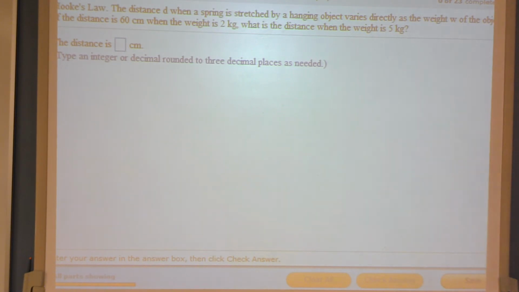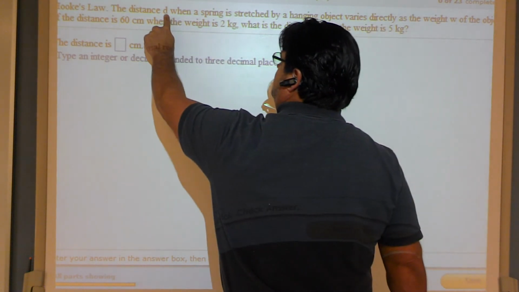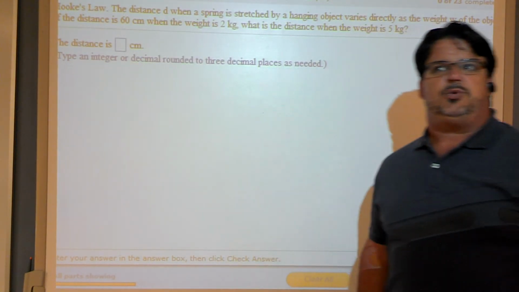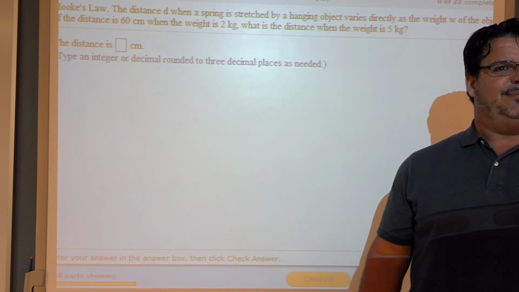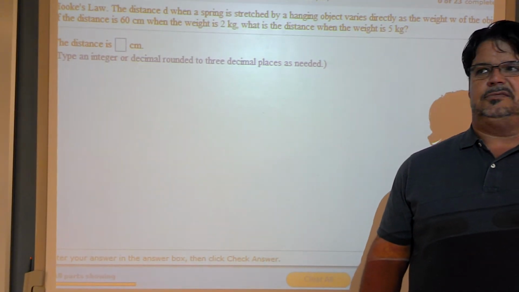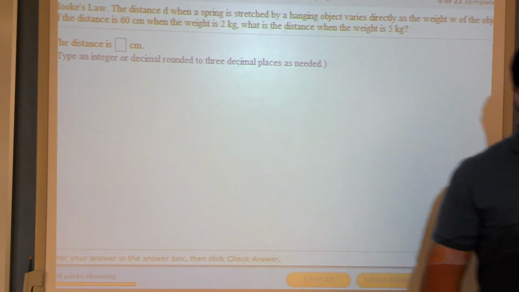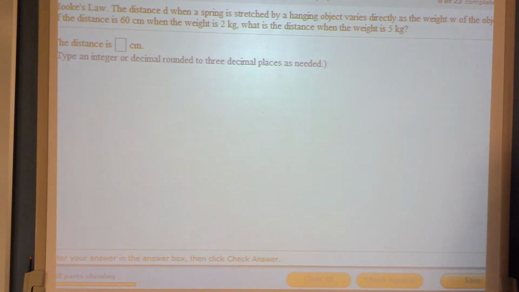So D comes first, so D is going to replace what? Good job. W is going to be in place of what? X. Why not K? You can't change it, because K never changes. K always stays K.